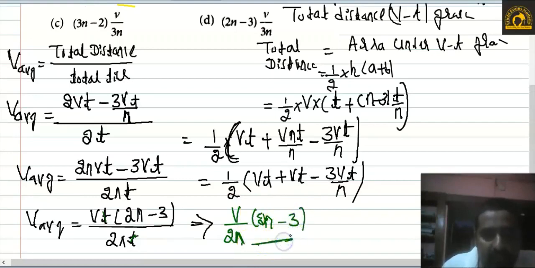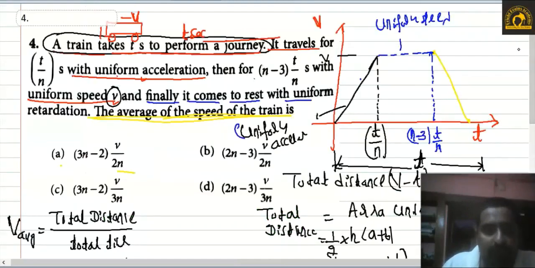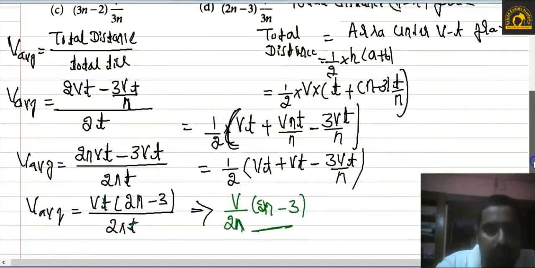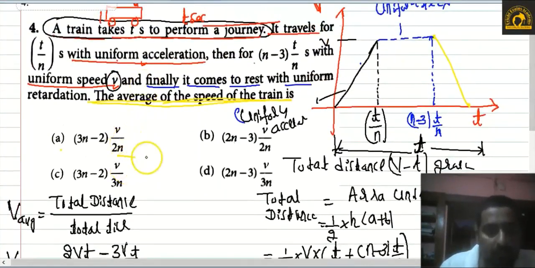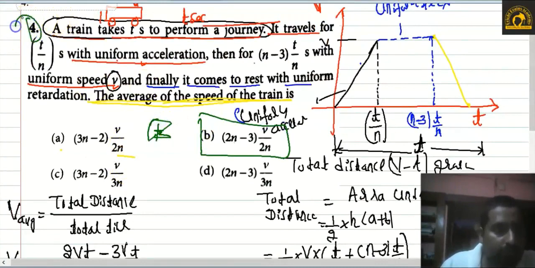That is the answer: (2n minus 3) v divided by 2n. So option B is the correct answer for the fourth question.